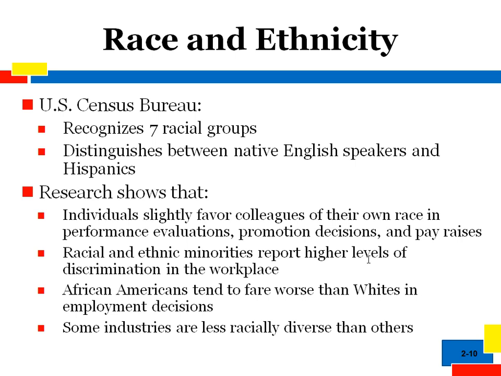Those are just an idea of what they're recognizing. A distinction is also made between native English speakers and Hispanics; Hispanics are Spanish speakers, of course. And studies show that individuals slightly favor colleagues of the same race in performance evaluations, promotion decisions, and pay raises.